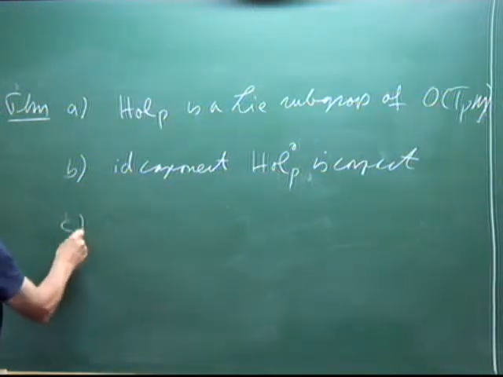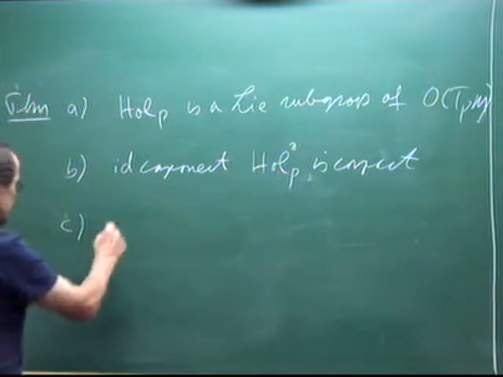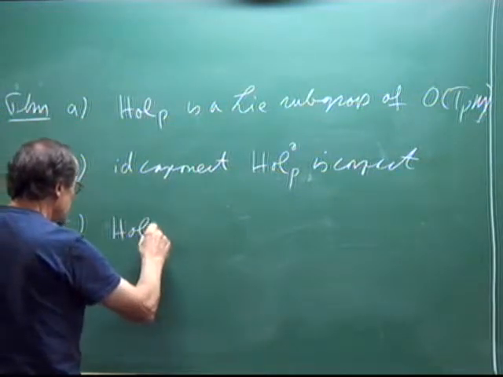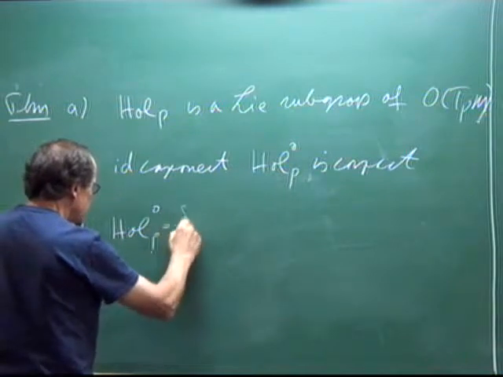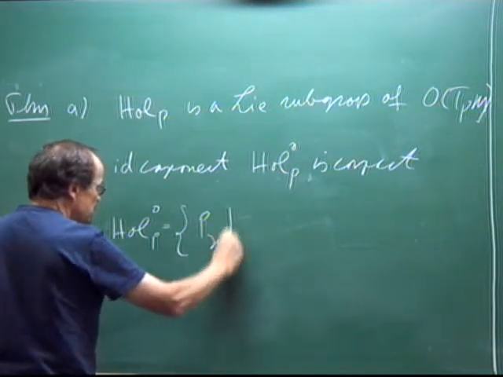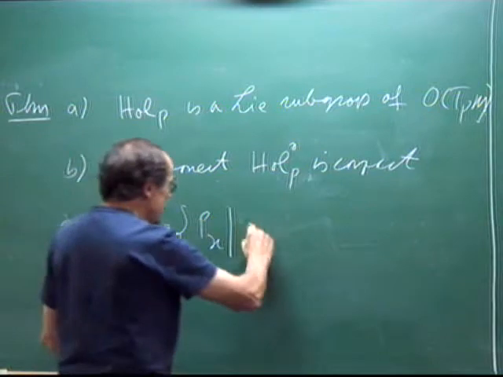Part C is that this identity component can also be looked at in a different way. It's parallel translation along closed paths where gamma is null homotopic.